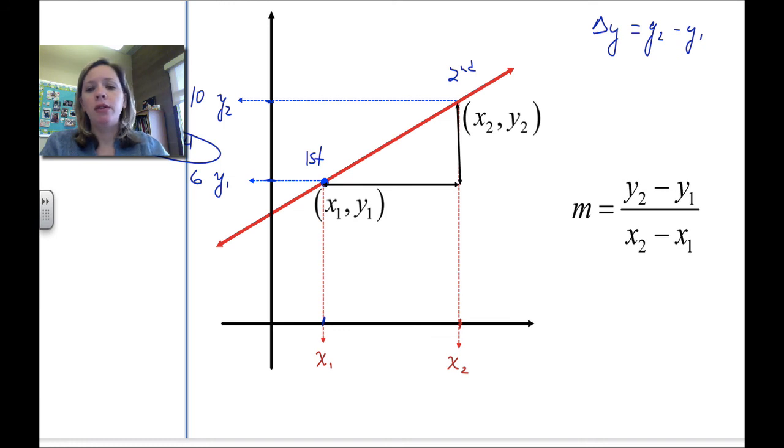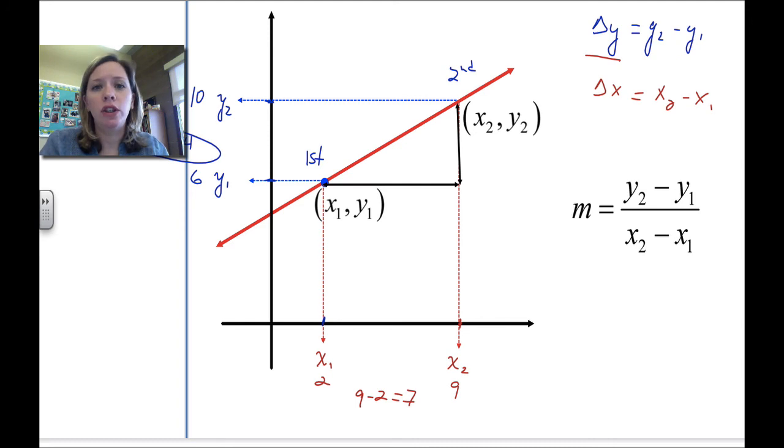And in a similar way, we're going to do the same thing with the x values. Let's say this x value was 2 and this x value was 9. How much did my x values change? Well, they changed by 7 because 9 minus 2 is equal to 7. So that means the change in my x's is given by subtracting my x coordinates, x2 minus x1. And remember, we want the change in y over the change in x, so we're just going to divide those two differences.